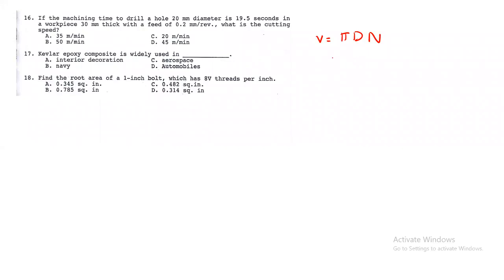So, para makuha natin si N, so N is equals to diameter divided by feed times time. So, pwede natin makuha yan. Diameter 20 mm, unit analysis lang yung gagamitin natin dito sa pagkuha ng RPM.